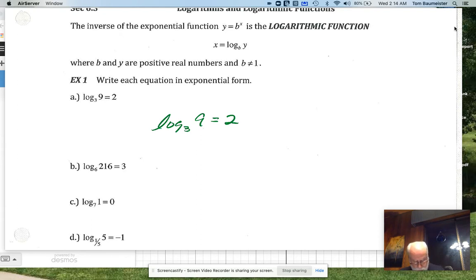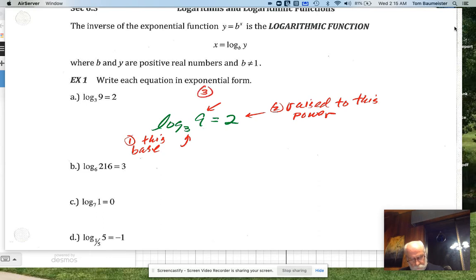So what you need to tell yourself is this. This base, raised to this power, equals this.